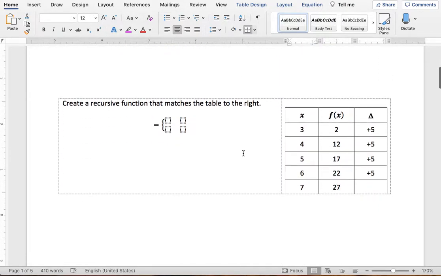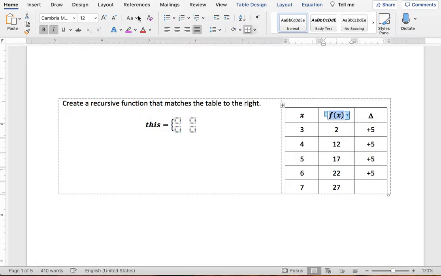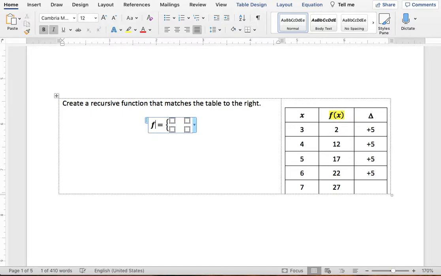So if I had this table of values, how would I create a recursive function that matches it? Well, first thing I would do is I know that this right here would match this. So our y for this recursive function is f of x.